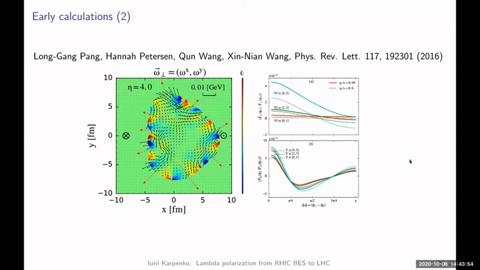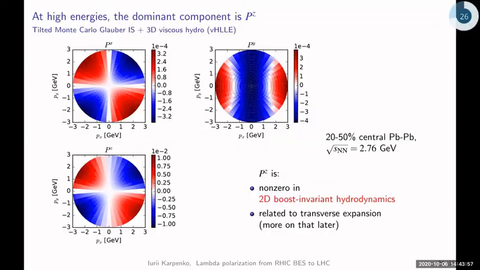Then further on, the next finding was that those quadrupole structures, especially the quadrupole structure in the longitudinal polarization, so the plot on the bottom left, is actually quite a general effect.